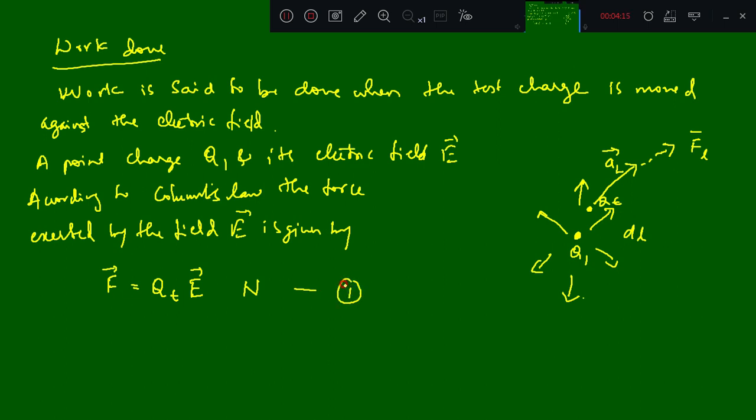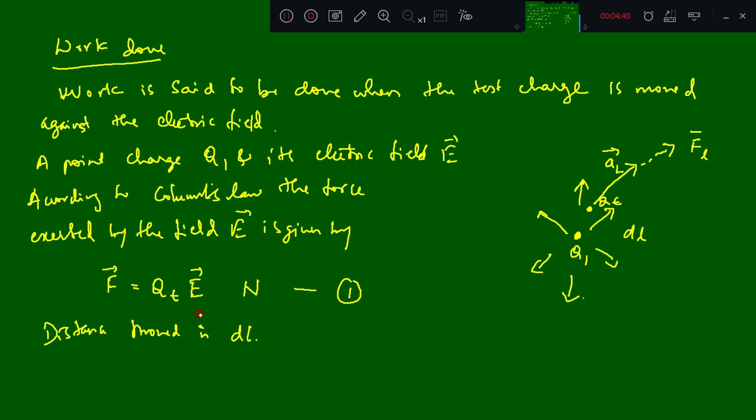Then the component of this force exerted by the field in the direction of dl is responsible to move the charge QT through the distance dl. So the distance moved is dl.